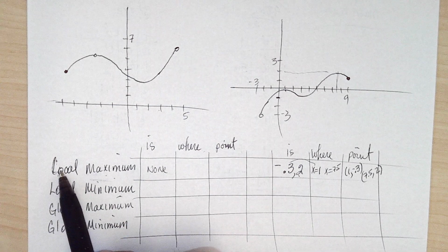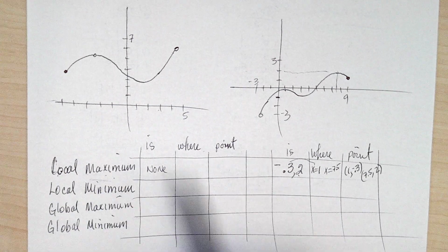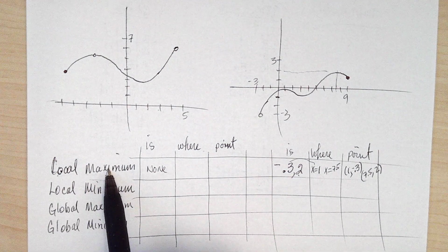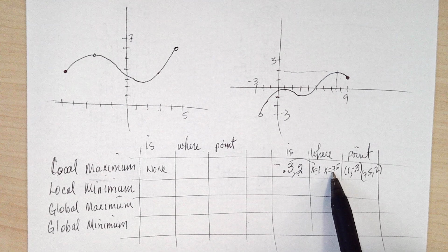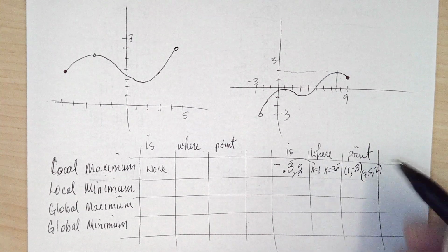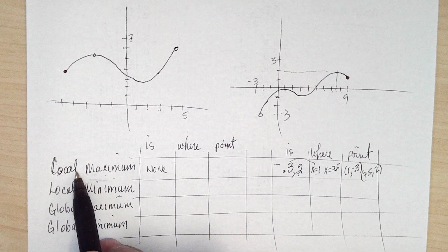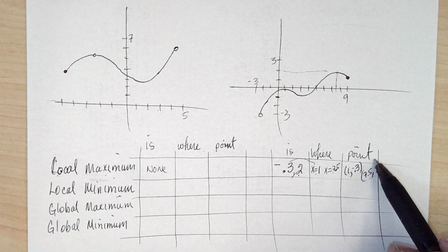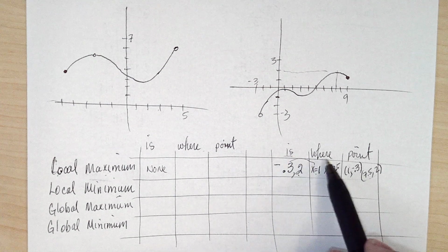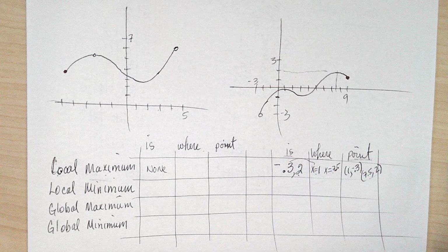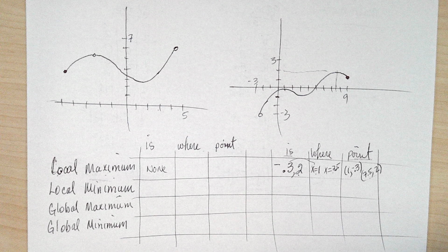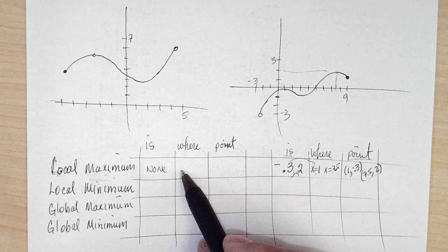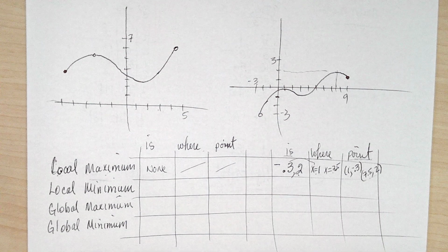So if I asked, what is the local maximum? You would give me these numbers. If I asked you, where are the local maximums? You would say at 1 and 7.5. If I asked you, what's the point where there's a local maximum? Then you would give me the coordinates of the point. So know the difference between what is, where, and what's the point. Okay? So here, there were none, and so there's no points.